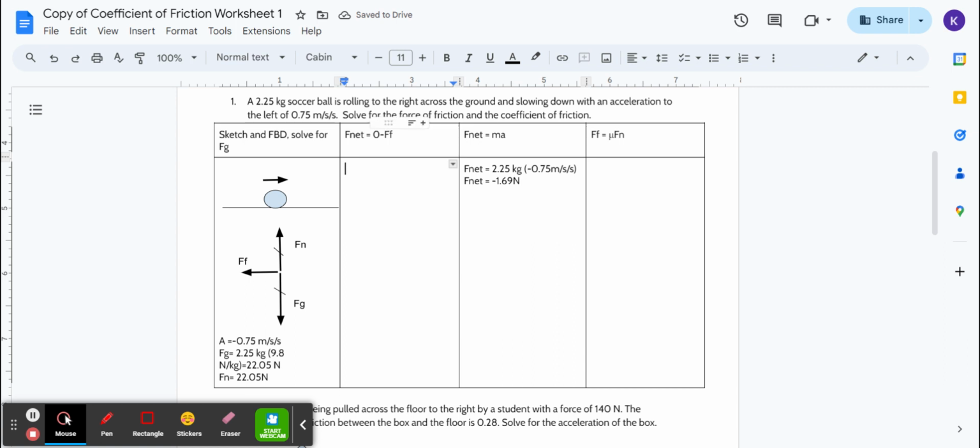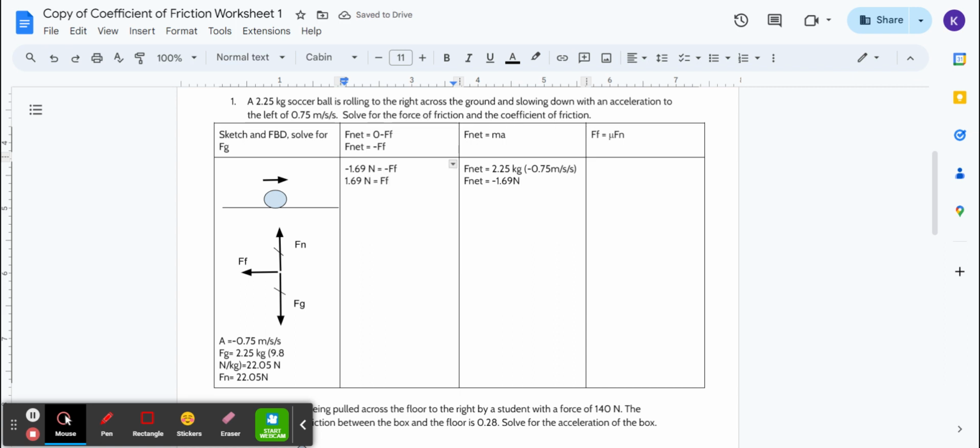Now, I'm going to go back to F net equals negative FF. So now I know the net force, which means I do know the force of friction. Negative 1.69 newtons equals negative FF. I can divide both sides by -1, and I get 1.69 newtons equals the force of friction.